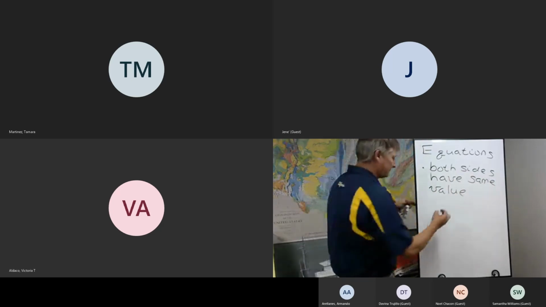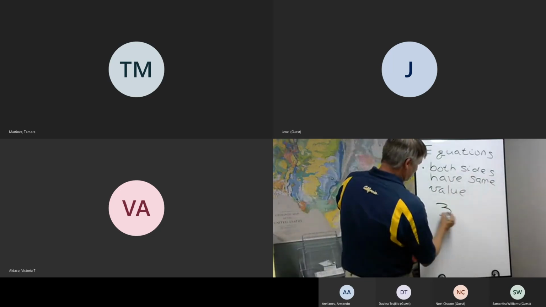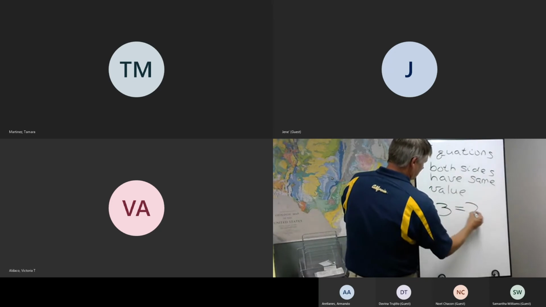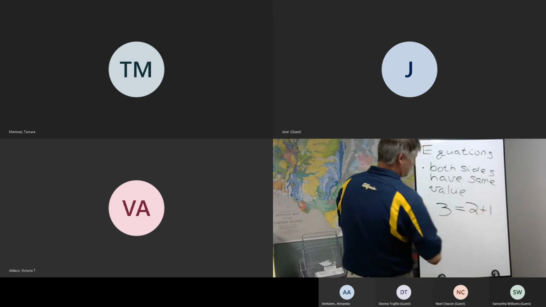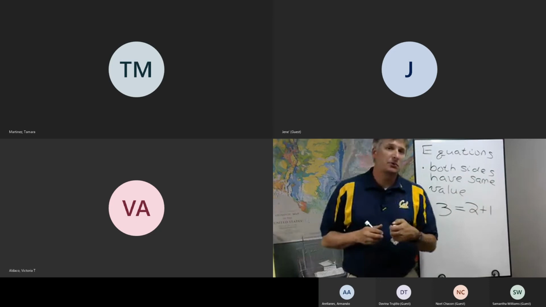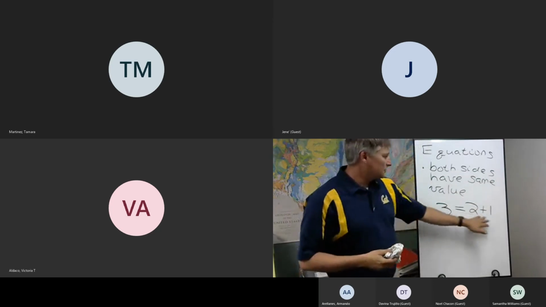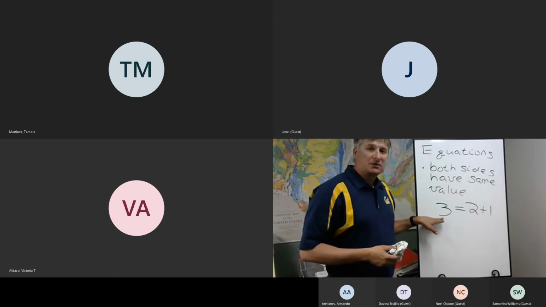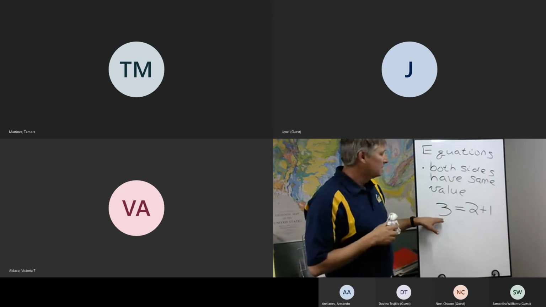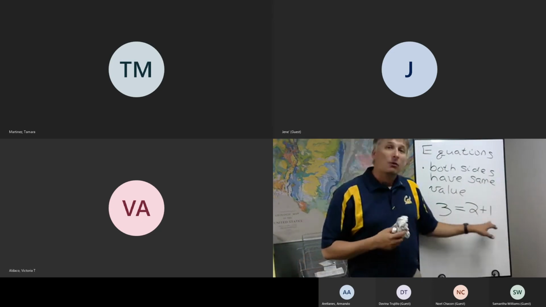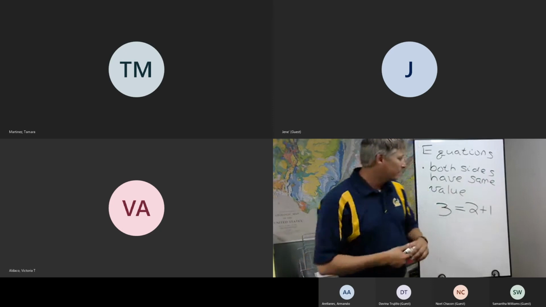So for example, here's an equation with 2 different looking sides. But if we look at these 2 sides, how much is on this side? Well, there's 3. How much is on the other side? Well, there's also 3.